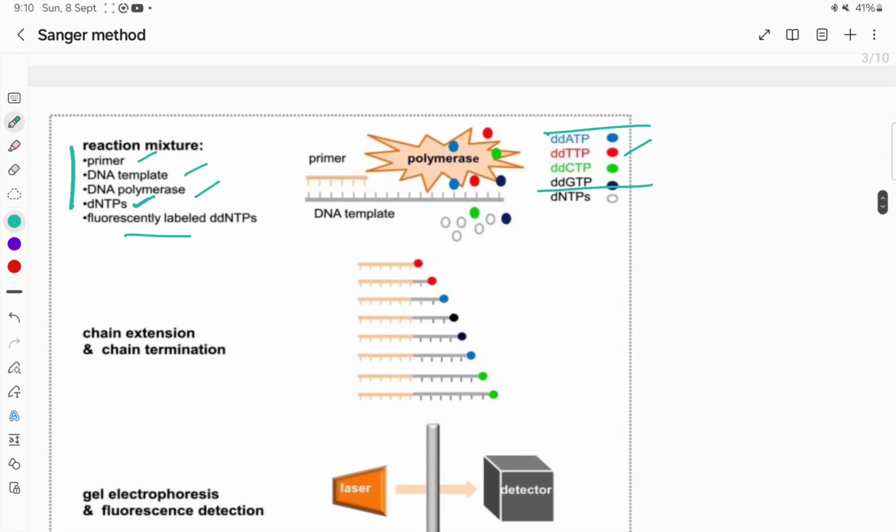So we get a number of fragments of the DNA chains because of the termination by these dideoxynucleotides.